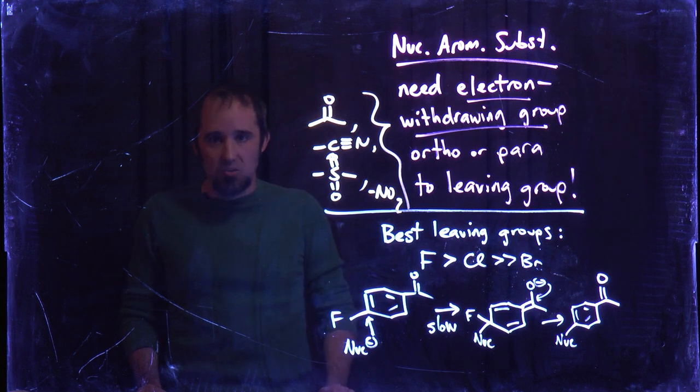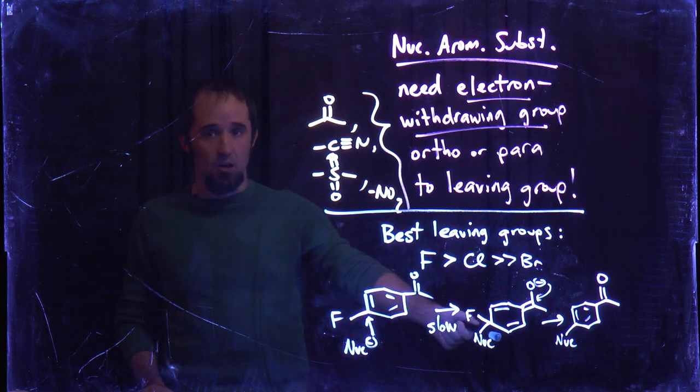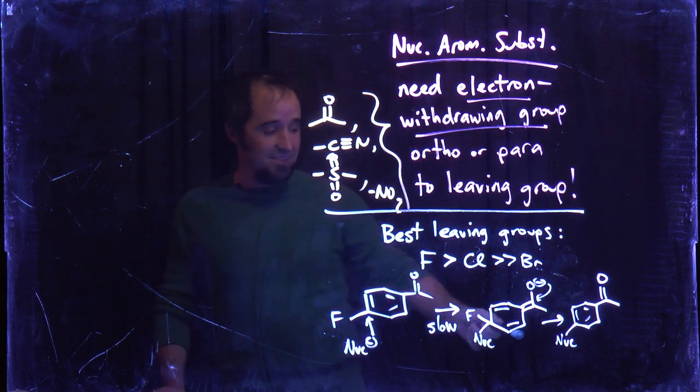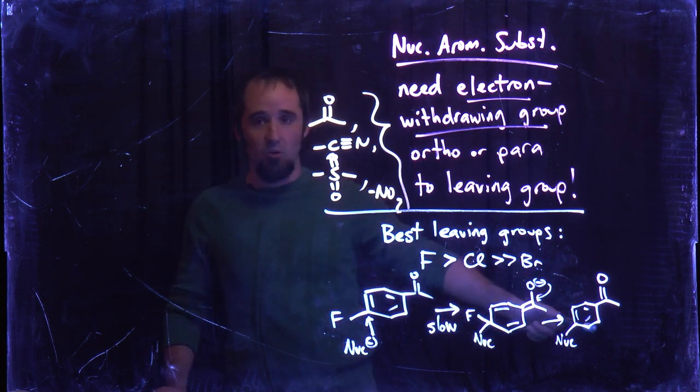So any reaction where you're breaking a CF bond in the transition state, nope, not going to happen. But that's not how this reaction works. Here, the slow step is this first step. It's nucleophilic attack to get here. And only in that second step, when these electrons come down, does fluorine leave. That step is fast.